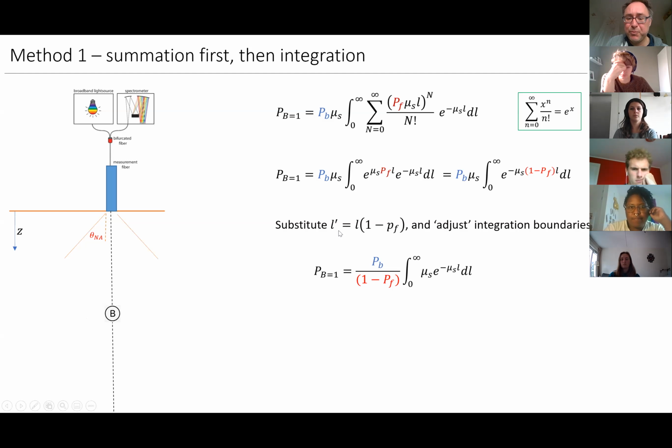We can substitute L prime equal to L times 1 minus pf, and adjust the integration boundaries. In this case, that is not really necessary because from 0 to infinity it just stays from 0 to infinity. And then rearrange the equation. So we get a prefactor here that is given by the backscatter probability divided by 1 minus the forward scattering probability, and then this remaining integral term.